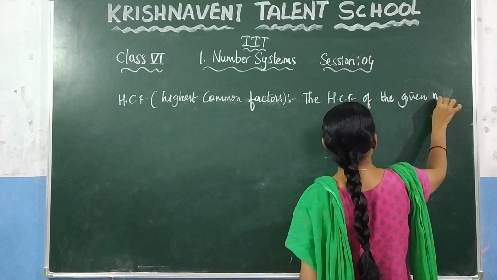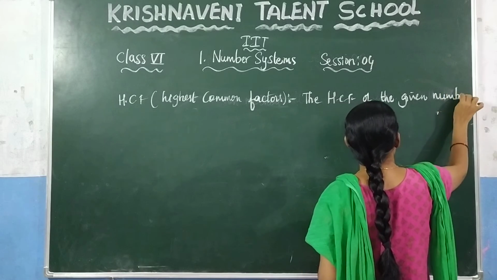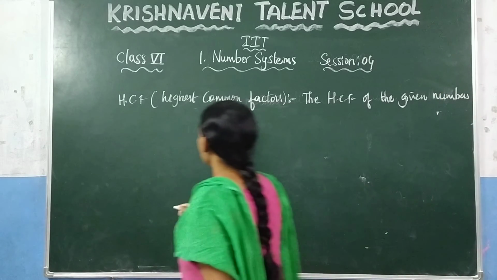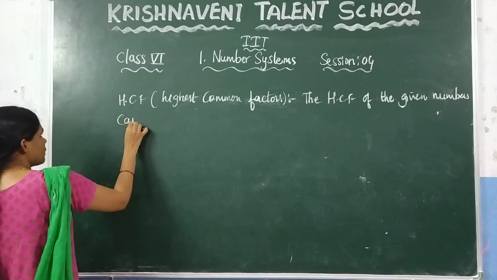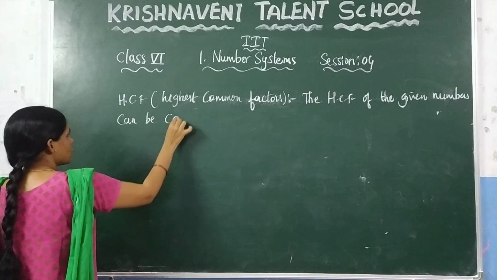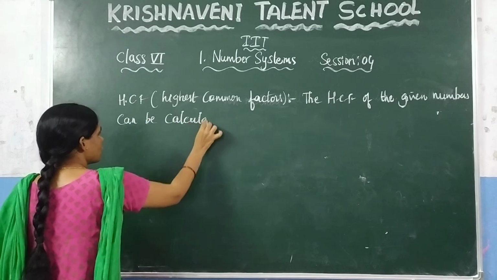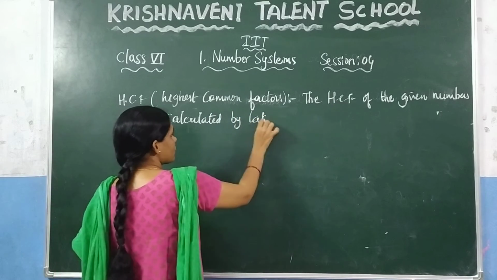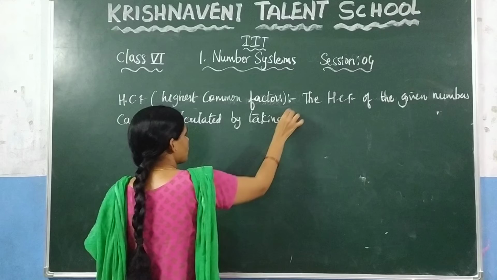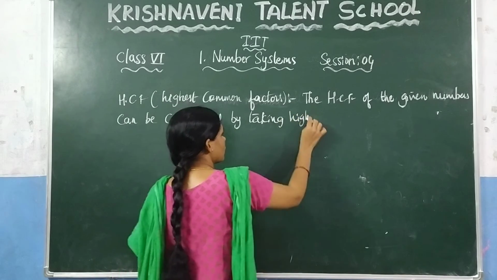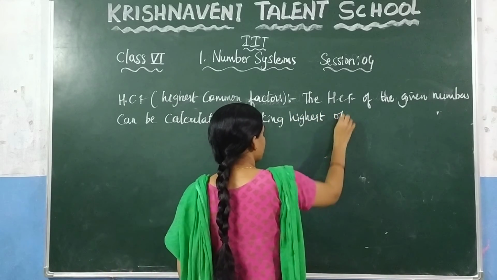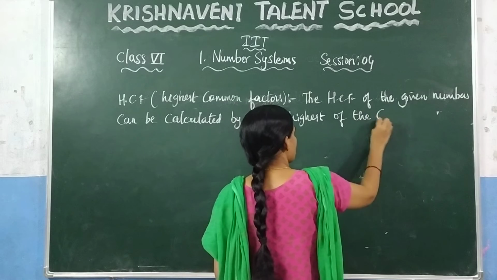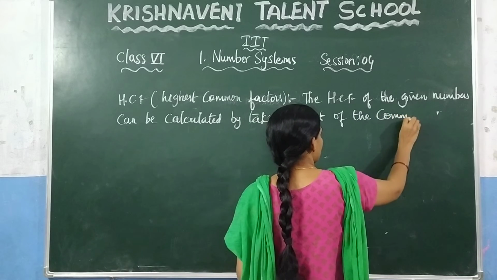The HCF of the given numbers can be calculated by taking the highest of the common factors, the highest value of the common factors.